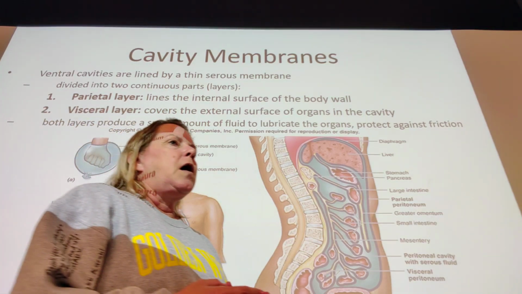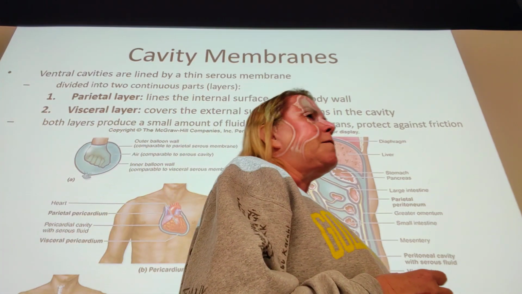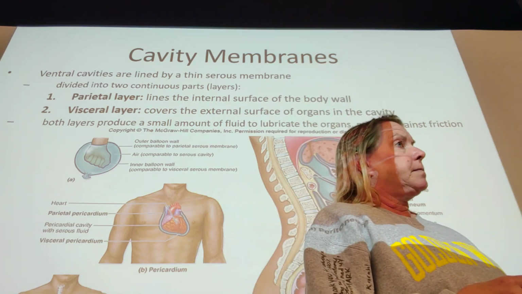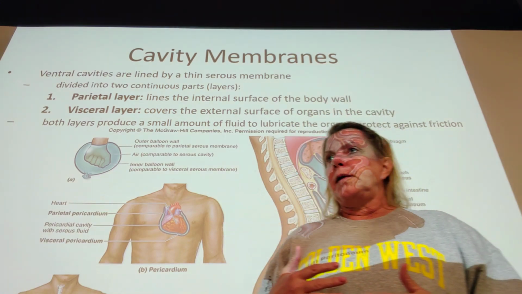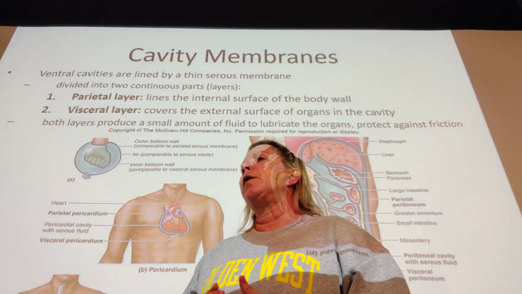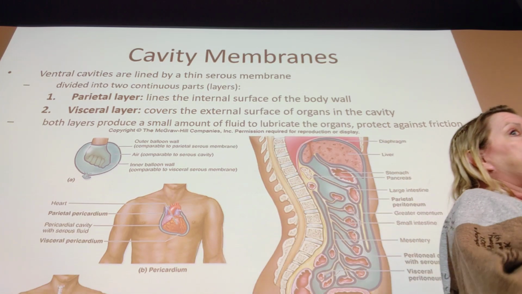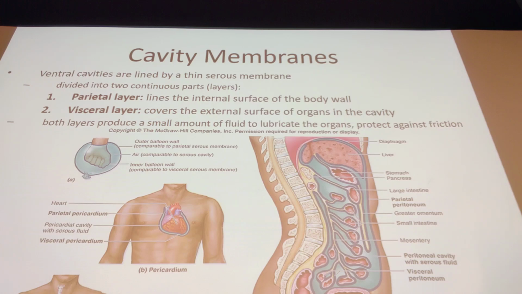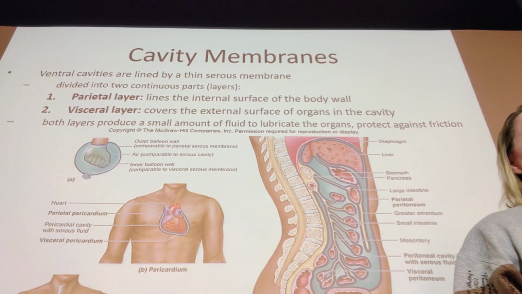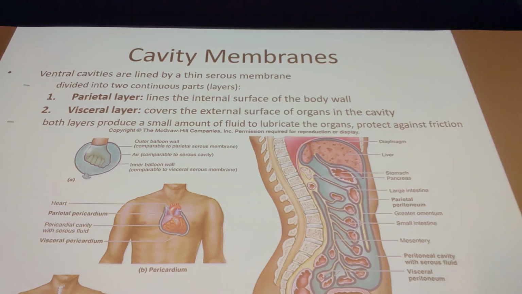If we're talking about the heart, we say visceral pericardium. That's the membrane around the surface of the heart. Pericardial cavity, that's the slit-like space where the serosal fluid can be found. Parietal pericardium, going away from the heart, superficial to the cavity.